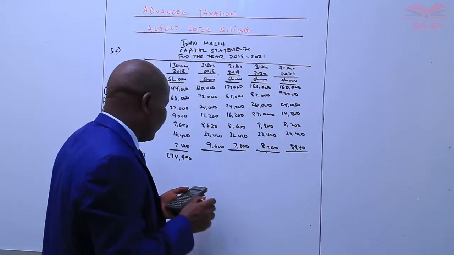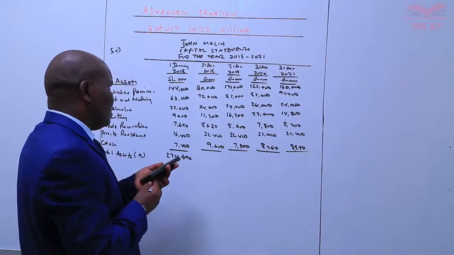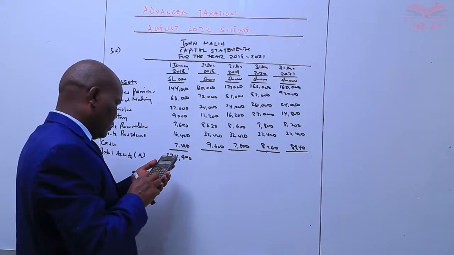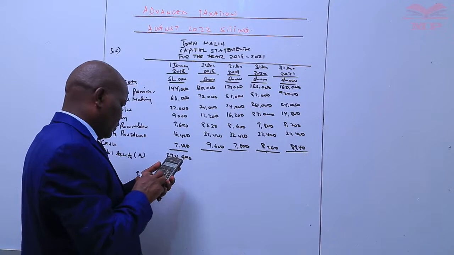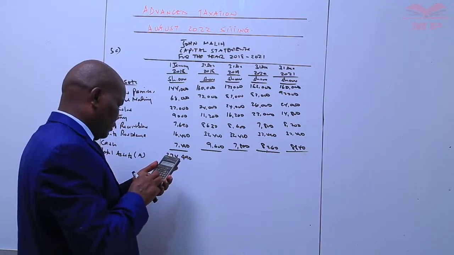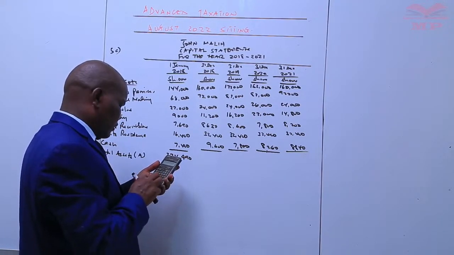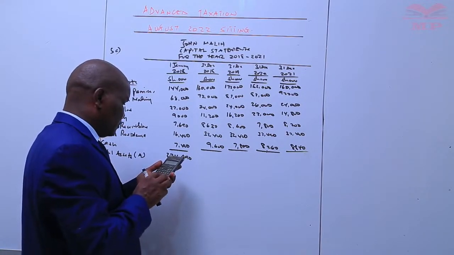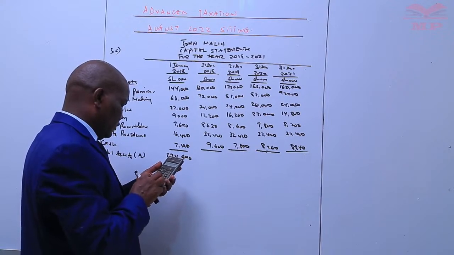Yes, 274,490. 2018 December, 160,000, 72, 24, 11,200, 8630, 32,400, and 9,600.